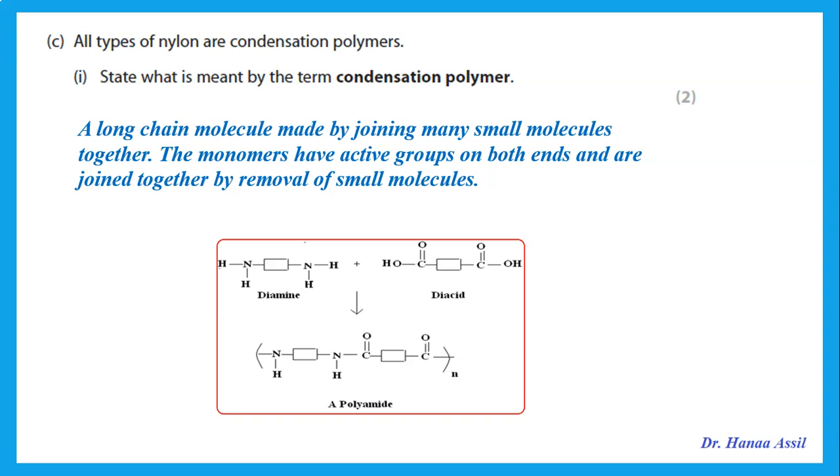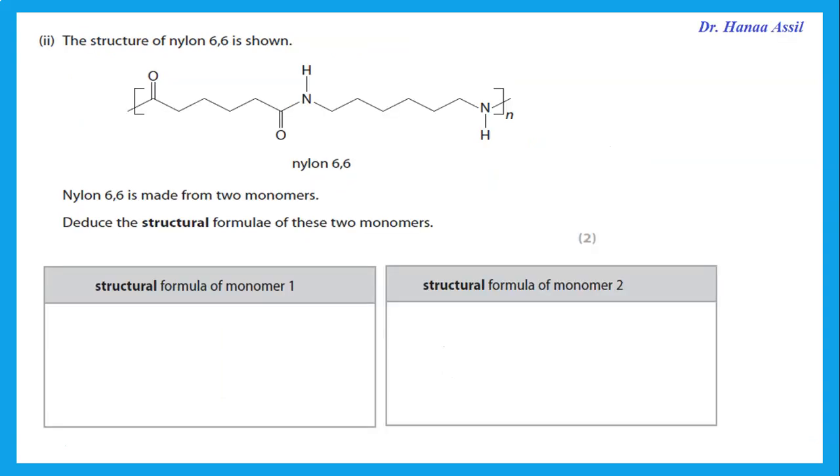Remember, we have addition, in which the monomer is an alkene or is unsaturated. But in condensation, the monomers have active groups on both ends. So we have diamine or diacid. And they are joined together by removal of small molecules. So, for example, we remove an H and an OH. So, the other molecule removed here is water.